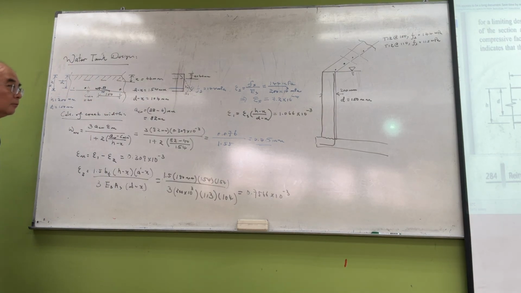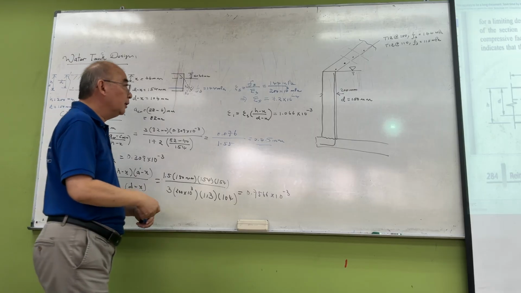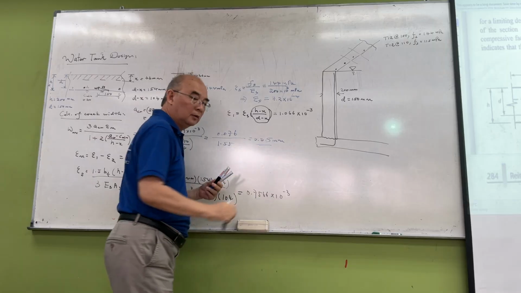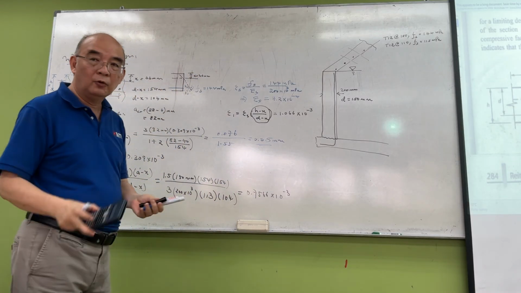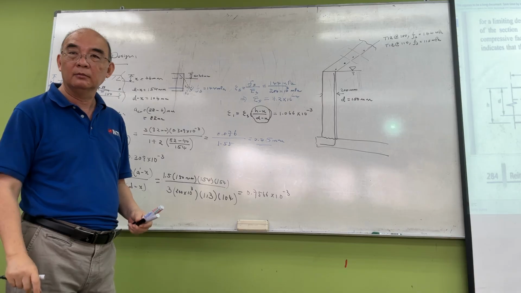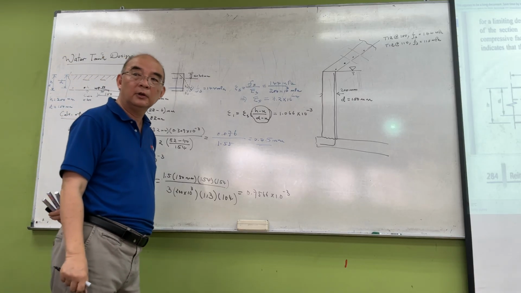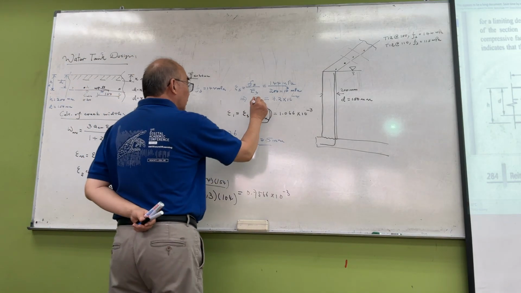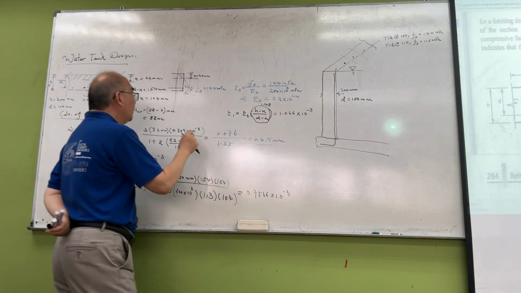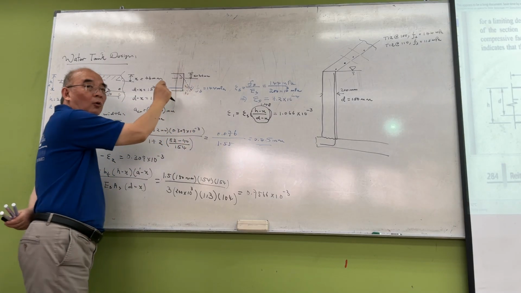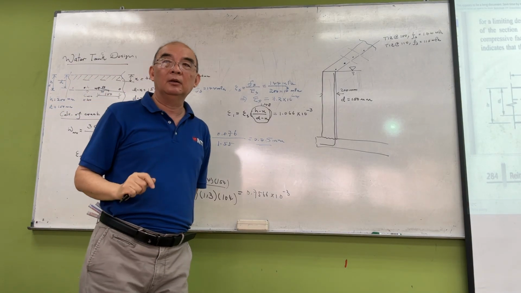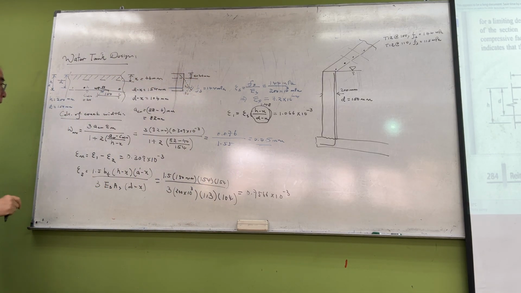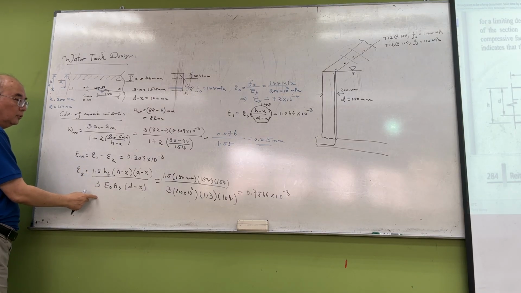This is 154 divided by 104, almost 1.48. Meaning this one is 48% more than the rebar strain. Understand? Okay, so that's how we got epsilon 1, then minus epsilon 2.